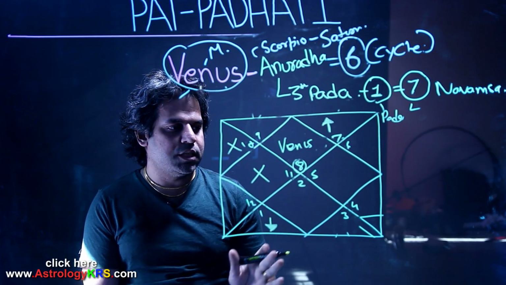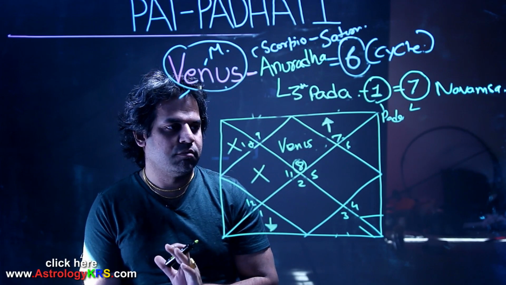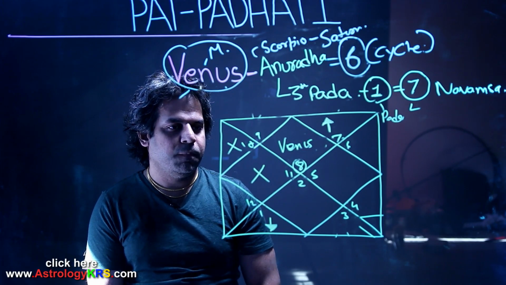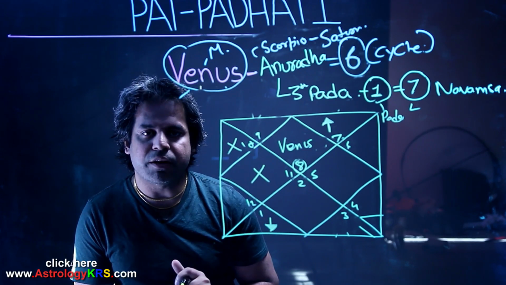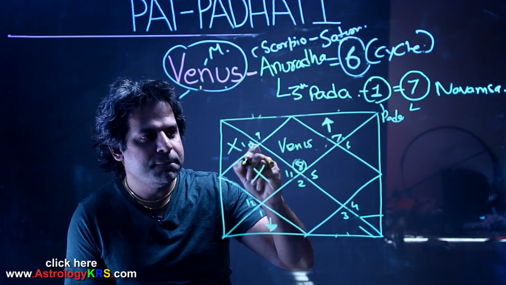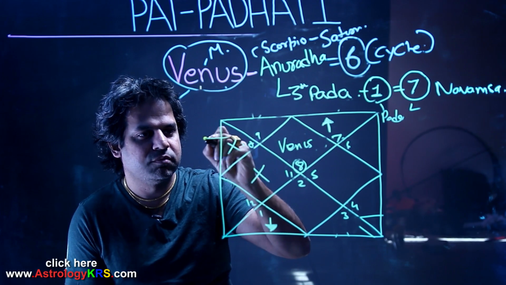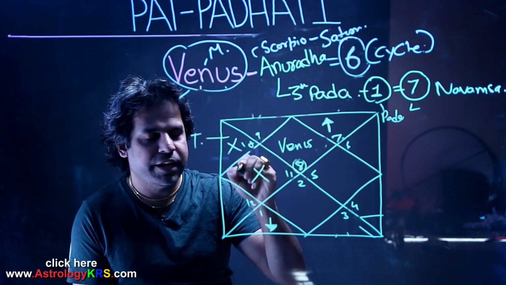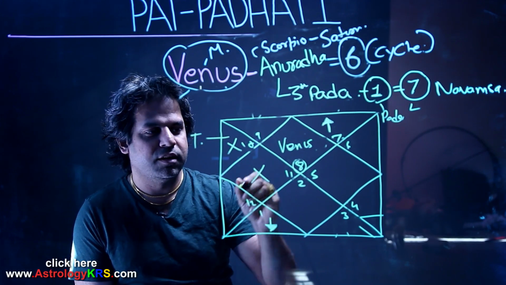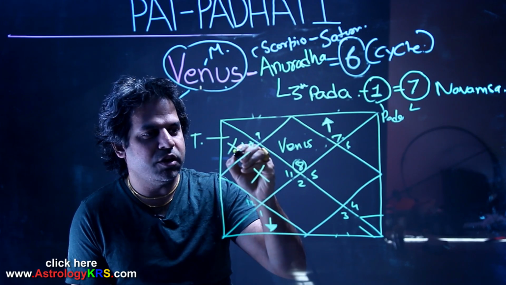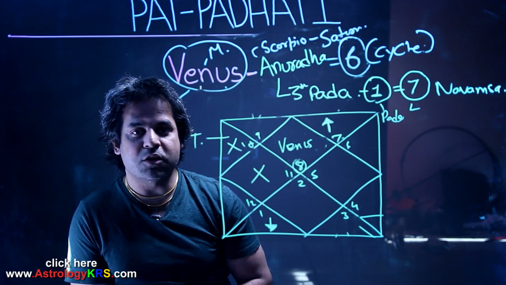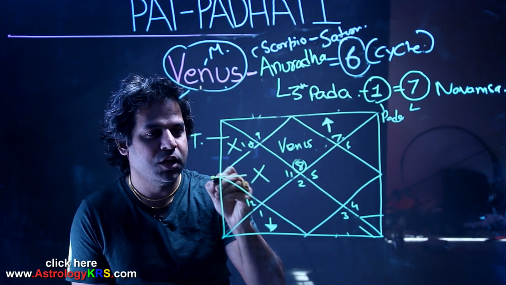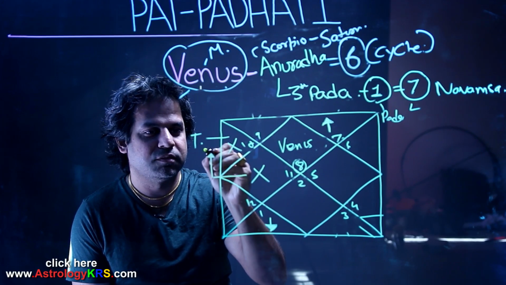So as soon as we see this part, what I first see here is that when this person gets married, they may have to travel a lot. And because the 3rd house and 4th house are both ruled by Saturn, that means the 3rd house becomes 12th from the 4th house, which means this person may have to go to foreign places.